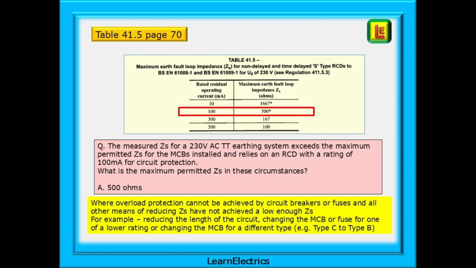This table should be used where overload protection cannot be achieved by circuit breakers or fuses, and all other means of reducing ZS have not achieved a low enough ZS. For example, reducing the length of the circuit, changing the MCB or fuse for one of a lower rating, or changing the MCB for a different type, for example Type C to Type B.